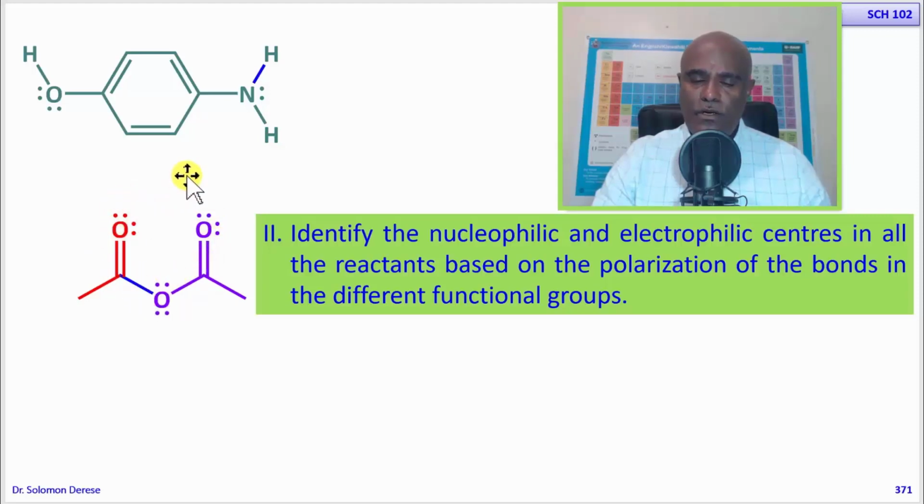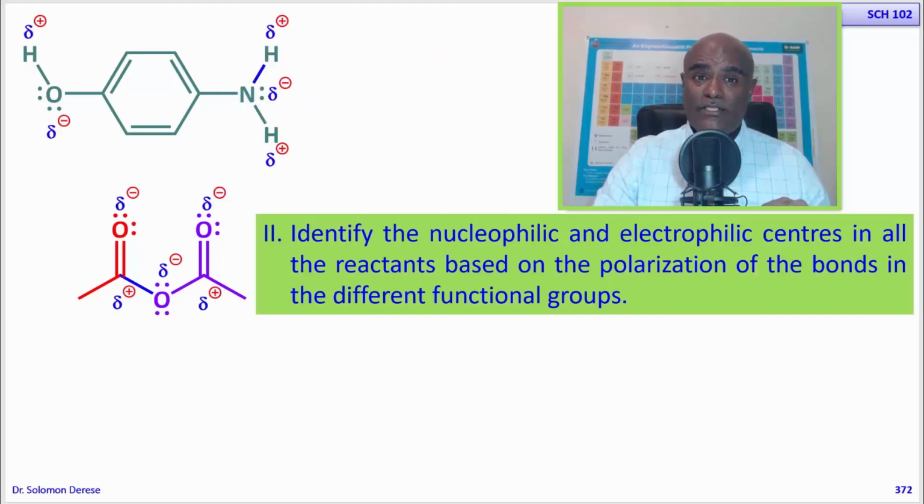So based on the electronegative difference between the atoms involved in this polarized bond, we determine their polarization pattern. We determine the electron rich and the electron deficient centers in this. This by now you should be conversant with, you should be familiar with, we should have the expertise in determining the polarization patterns of different bonds. So I'll just put the results of the analysis.